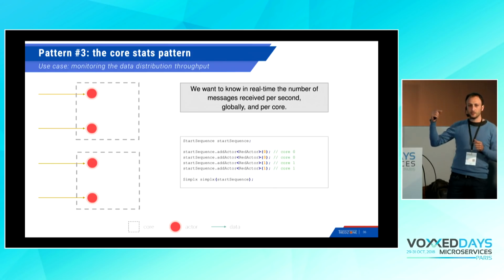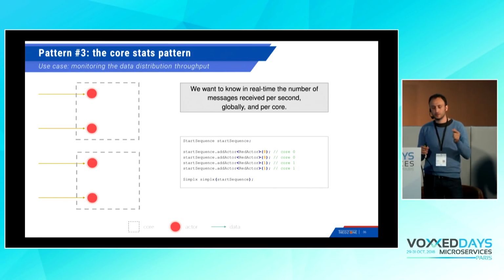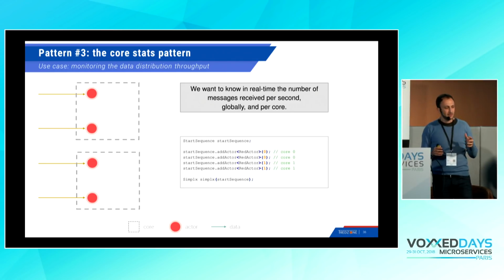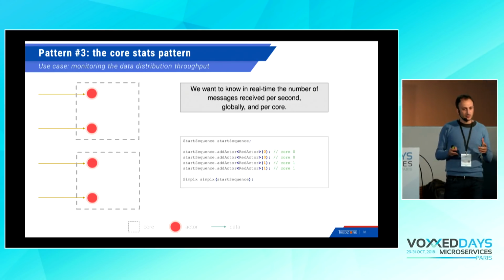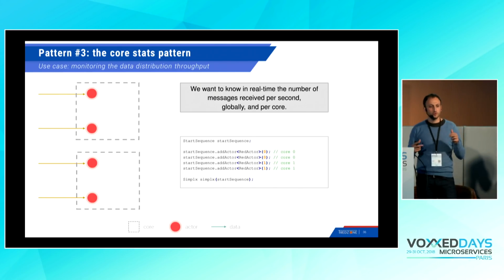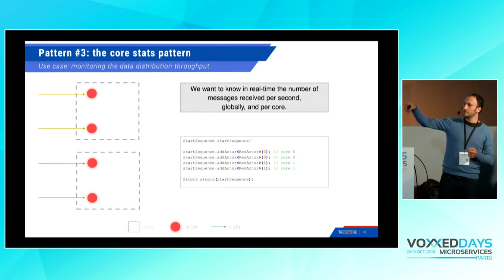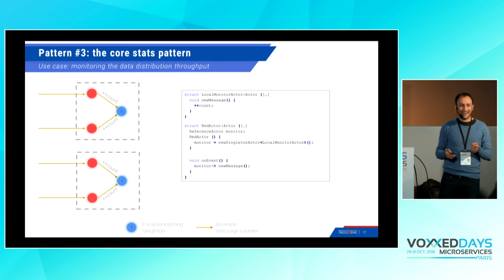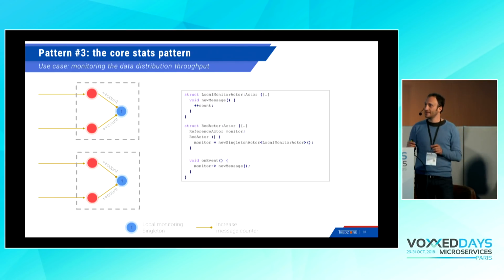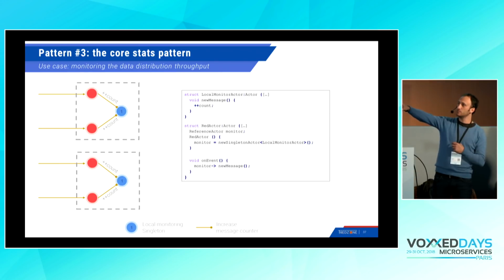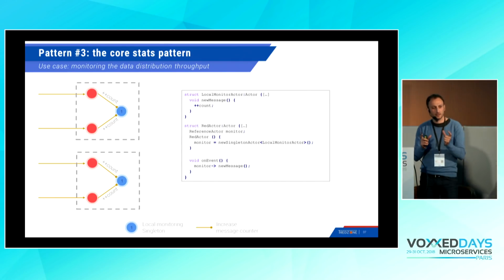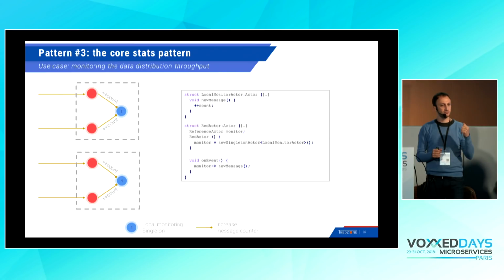If you had one thread per actor, it would be much more difficult to get the real throughput, because to get a global throughput you need to do synchronizations, and you would like to avoid that. Here, because I have one thread per core, I can have a monitor actor, and because it shares the same thread, they can share a variable and say, okay, I received a message, +1.